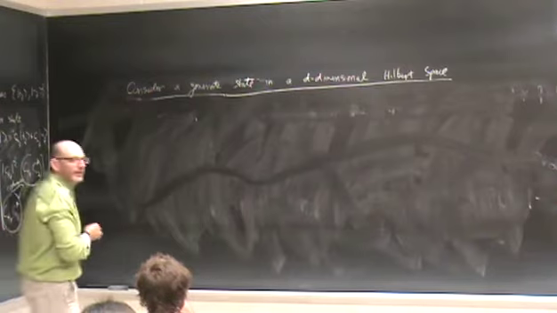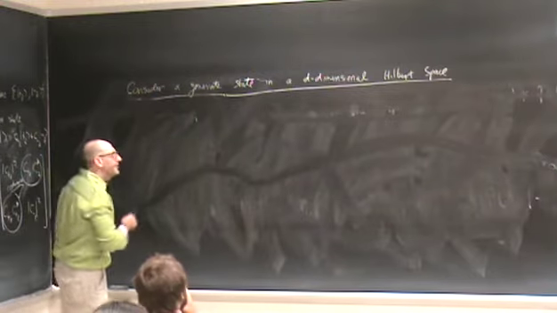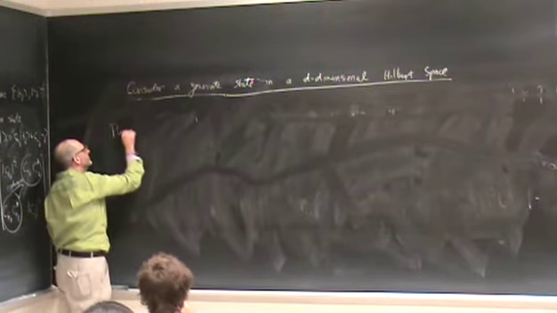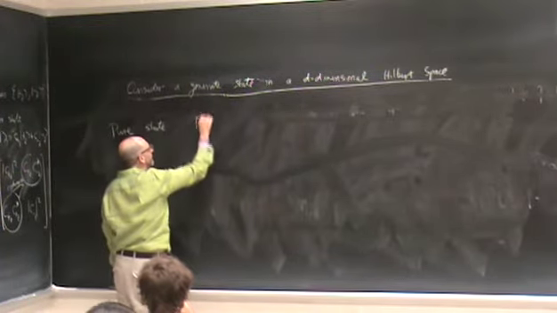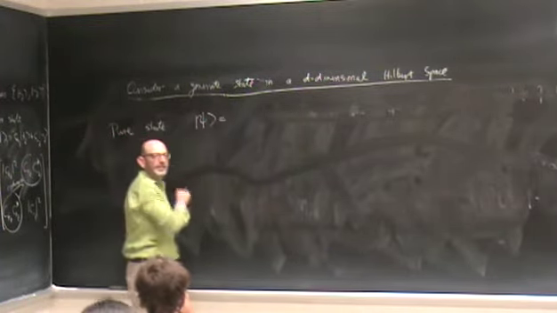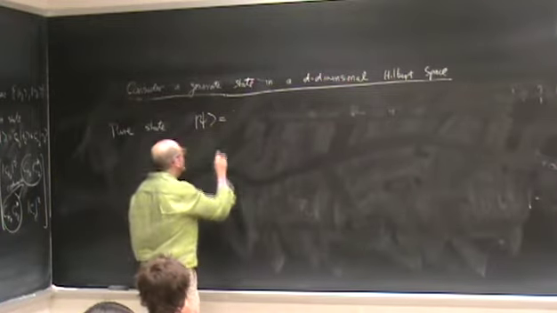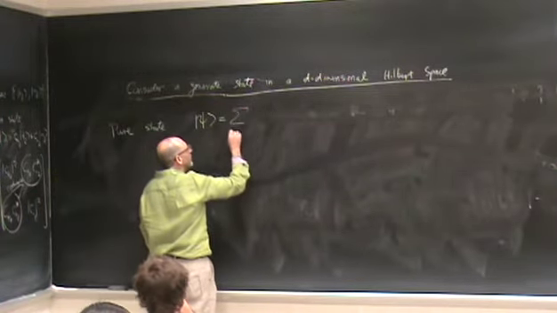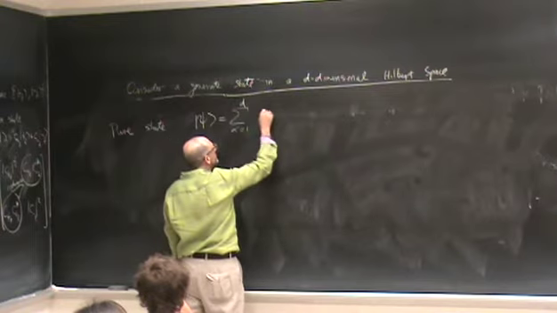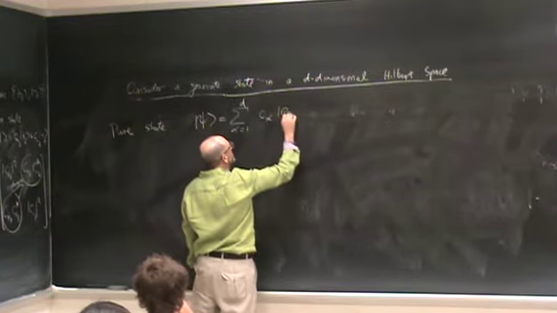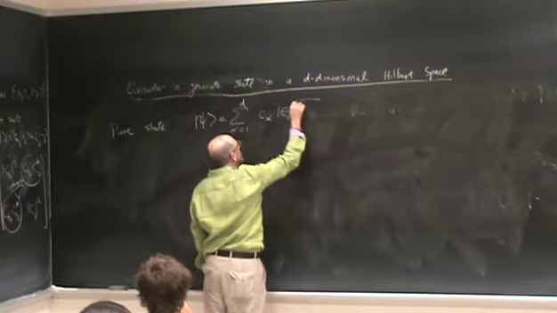All right? So, let's say I have a pure state. I don't have to write it as a density matrix, but you can write it as a ket. And that is a sum over all the elements of some basis. Okay, so this is the basis.